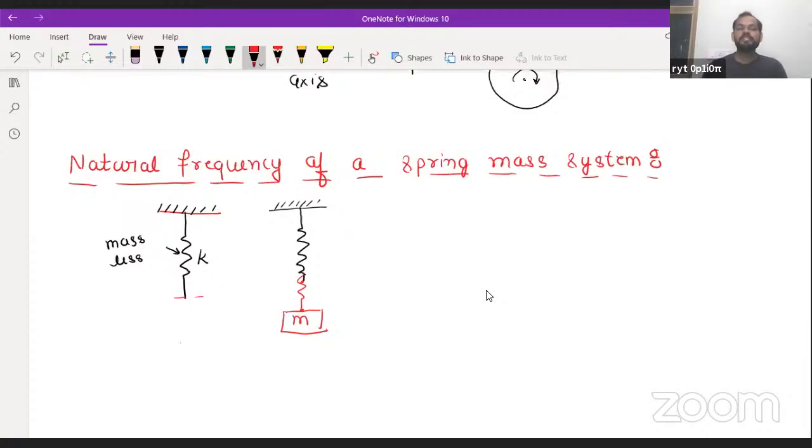This is nothing but the static deflection. Now what do you understand by static deflection? I hope this term is very clear to you, because you have studied it in strength of materials. The deflection of any system corresponding to any static force is known as the static deflection.